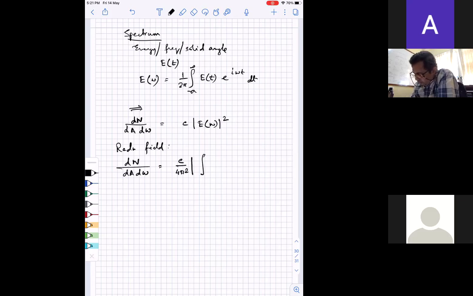We'll have the real part of p of t over t, dt, squared. The box is because radiation is always at retarded time.